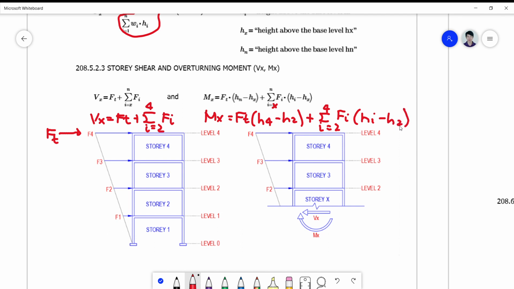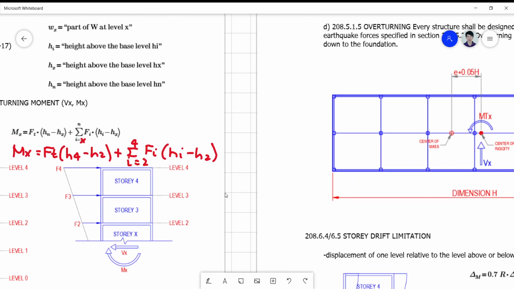You just substitute that. So we will try to use this formula later on our problems. I just want you to know how to interpret this formula quite accurately.